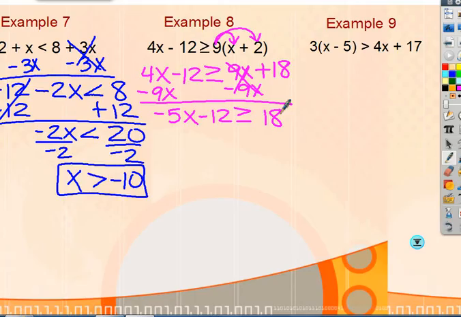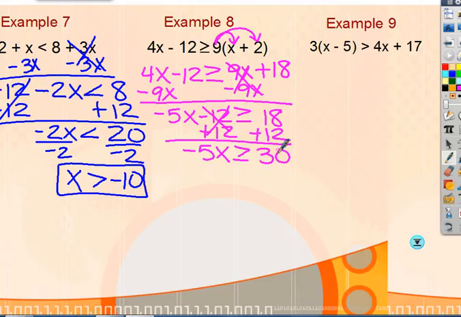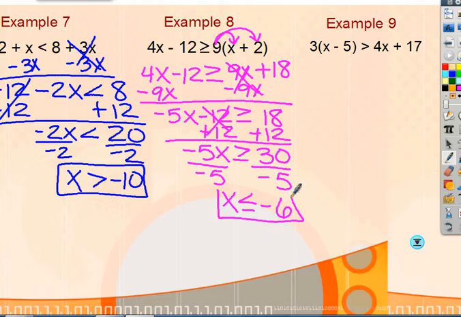Then, I subtracted 9x from both sides. I will now add 12 to both sides. Because I'm going to have to divide by a -5, I will have to flip my inequality symbol. Resulting in x is less than or equal to -6.